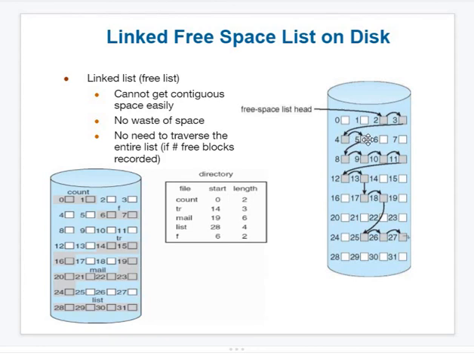Second cluster starting 8, length 6: 8, 9, 10, 11, 12, 13. Third cluster starting 17, length 2: 17 and 18. Next cluster starting 25, length 3: 25, 26, 27. This is how clusters maintain data.